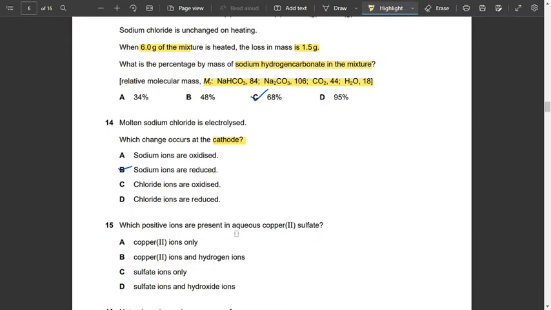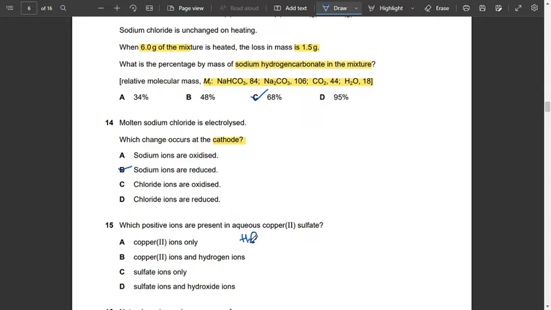So moving on to MCQ number 15. Which positive ions are present in aqueous copper 2 sulfate? Since we have aqueous copper 2 sulfate, we have water with us too, since it's in aqueous form. So here we have water, and then we have copper 2 sulfate as well.